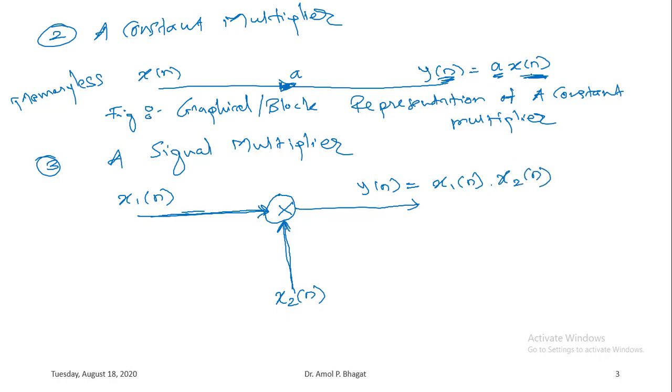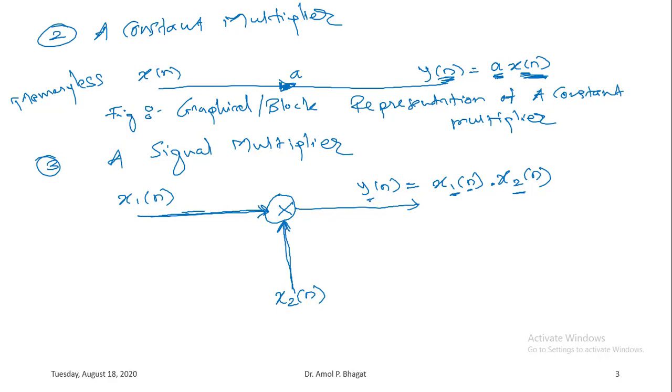In the previous case, you multiplied the input sequence with a constant small a, but here these two sequences are variable sequences as they comprise multiple samples, so at each time instance they may have varying sample values. So again you are multiplying these two sequences, and the output y of n is also called the product sequence.